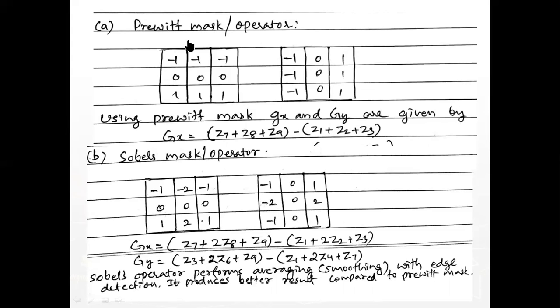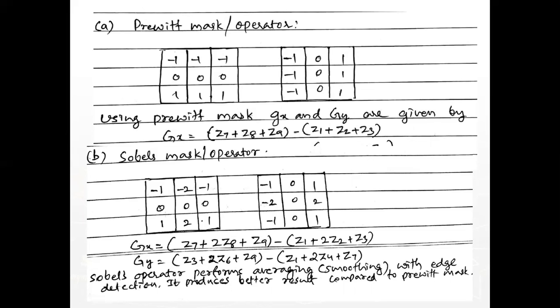If the pixels of the image are represented as Z1, Z2, Z3 up to Z9, then Gx is Z7, Z8 and Z9 minus Z1, Z2, Z3.